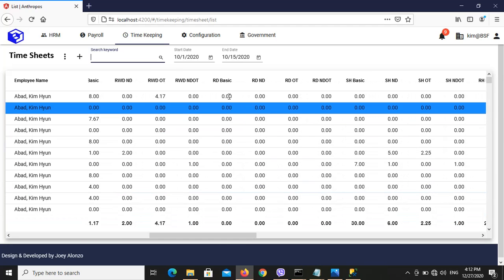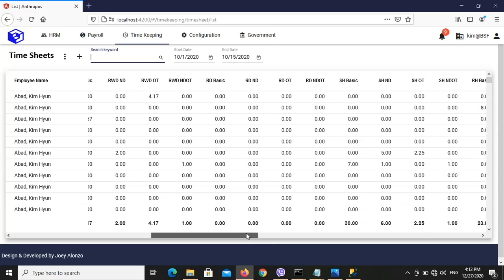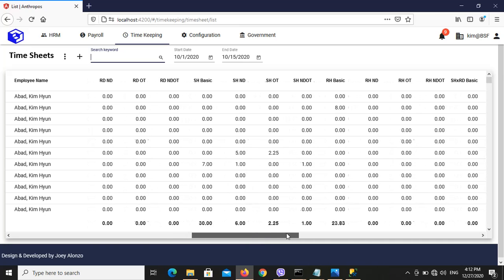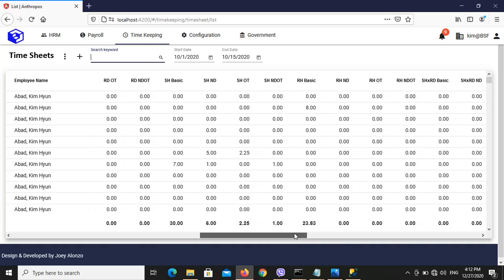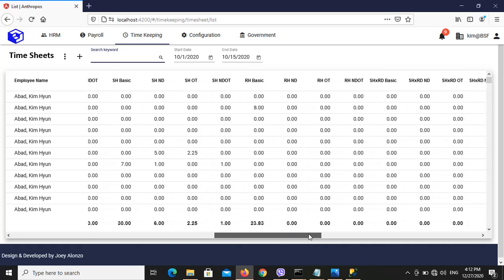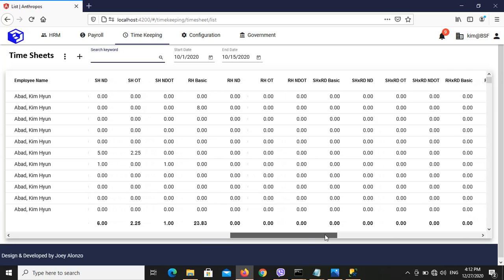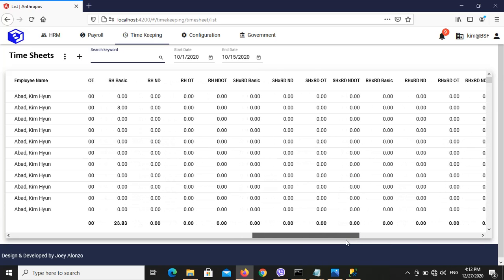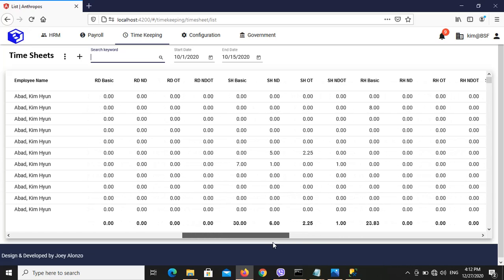Okay, so all of these: RD basic, RD ND, SH basic, SH ND, and then RH basic, RH ND. So anything that has no OT will be included in the total of our attendance hours.